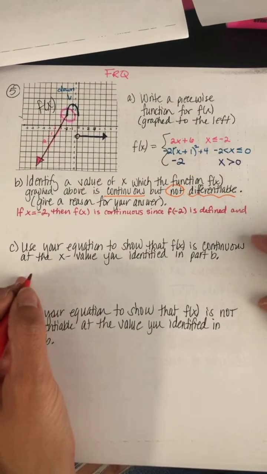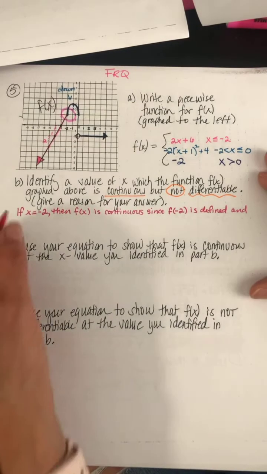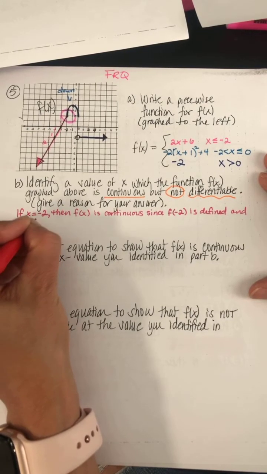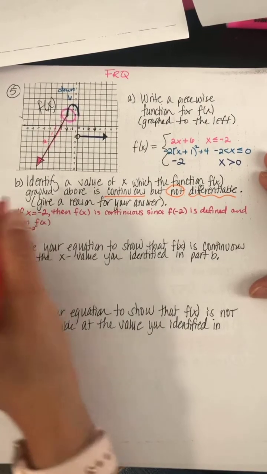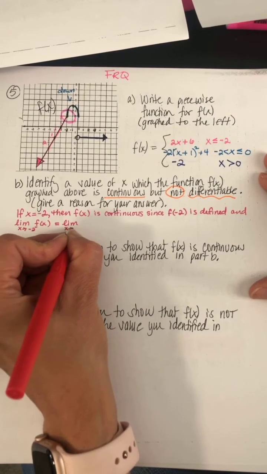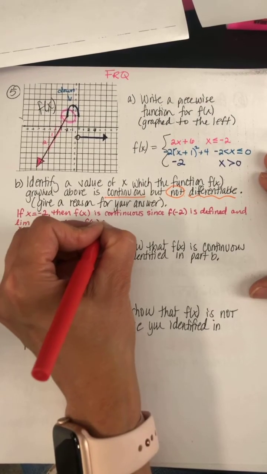And now we have to talk about the limits. To be continuous, that means the limit has to exist. So we can say the limit as x approaches -2 from the left of f of x equals the limit as x approaches -2 from the right of f of x.